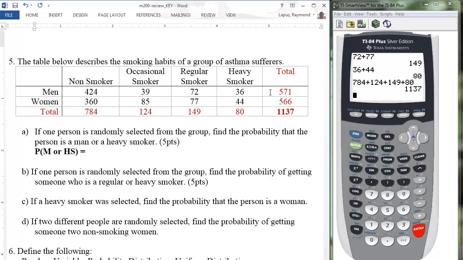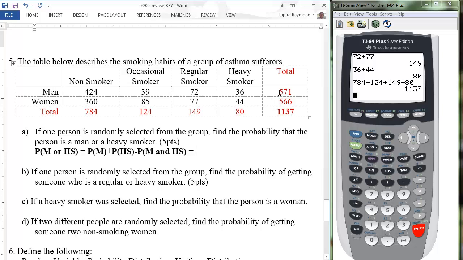This is an OR statement, so we're going to use the addition rule. Then we subtract out the probability that this person is a man and a heavy smoker, because we don't want to count that twice.